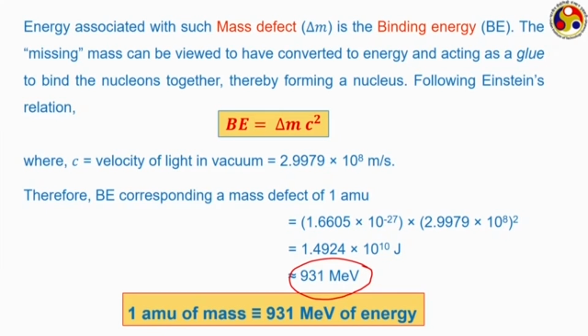That means, whenever a few nucleons combine to form a nucleus, if the difference in mass between the constituents and the final product is equal to 1 AMU, then that nuclear reaction will be associated with an energy release of 931 MeV.